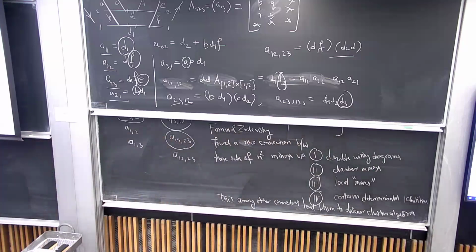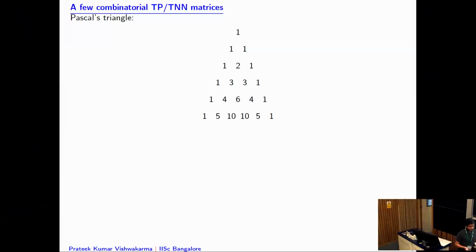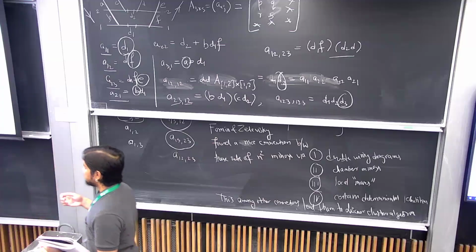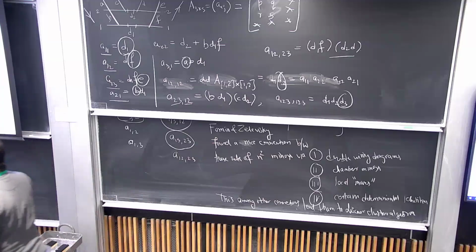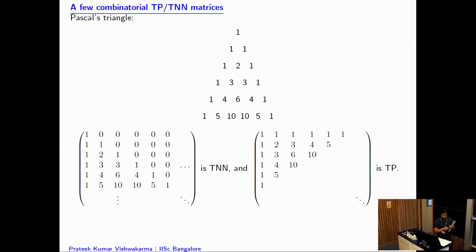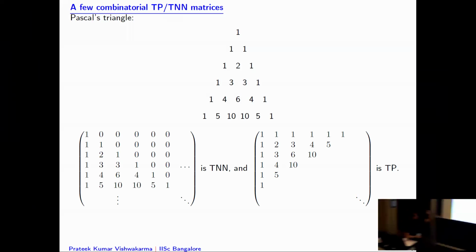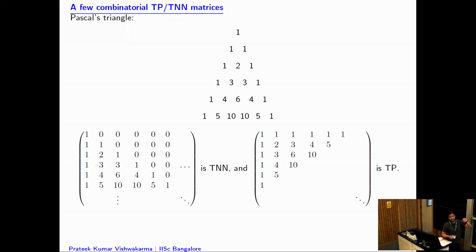And I conclude this section by showing some combinatorial totally non-negative and totally positive matrices. So if we just consider Pascal's triangle and construct these two matrices, the first one is simply writing a matrix in which each of the rows corresponds to each of the rows in the Pascal's triangle appended with zeros.